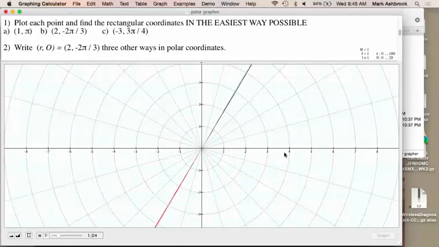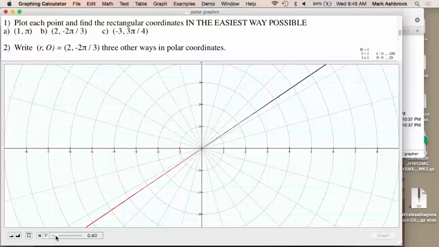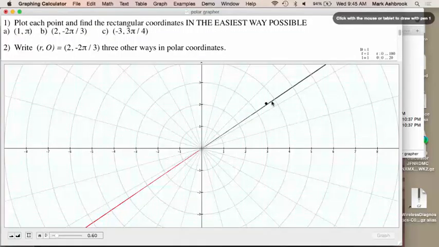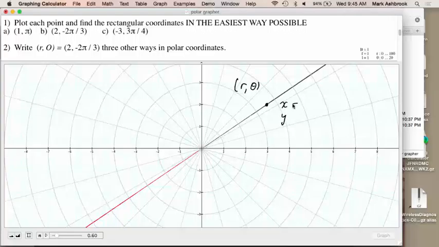So this is any generic point here. Any generic point at r comma theta, what do x and y equal? So given the polar coordinates, we're going to write Cartesian coordinates.